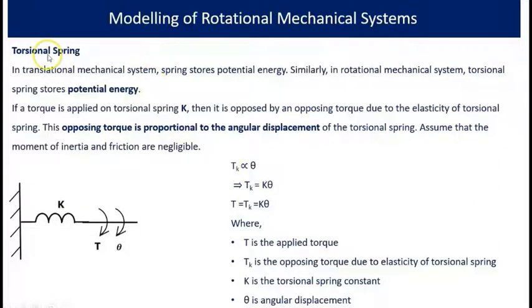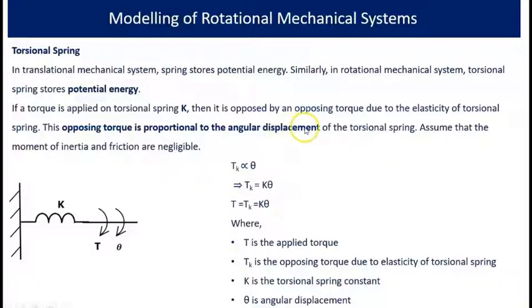Now consider the second element, that is torsional spring. In translational mechanical system, spring stores potential energy. Similarly, in the rotational system, torsional spring stores potential energy. If a torque is applied on a torsional spring K, then it is opposed by an opposite torque due to the elasticity of the torsional spring. This opposing torque is proportional to the angular displacement.